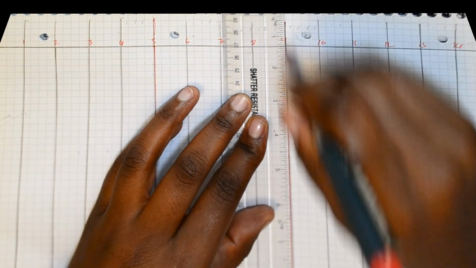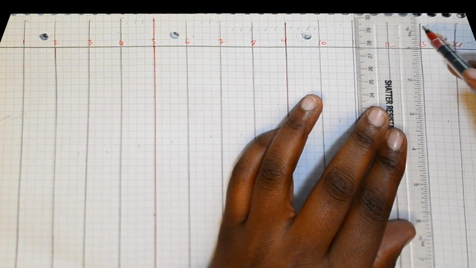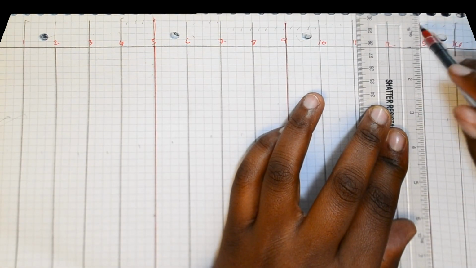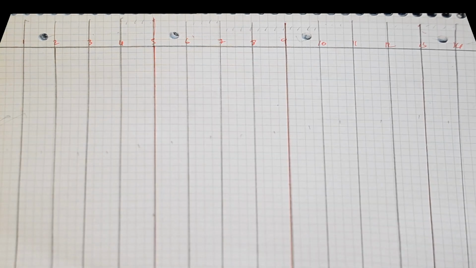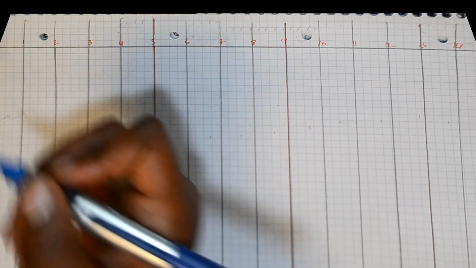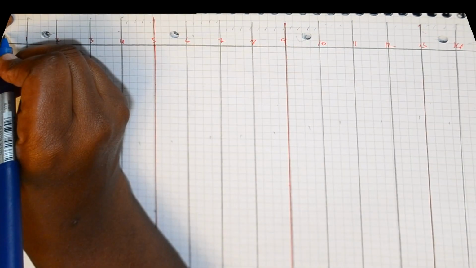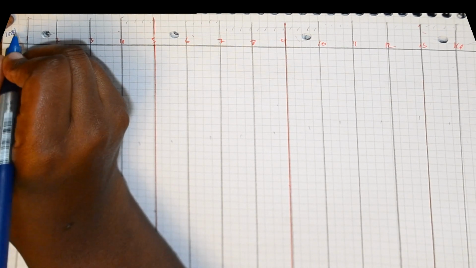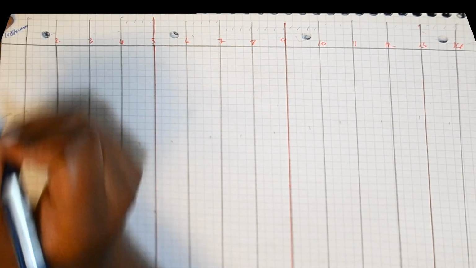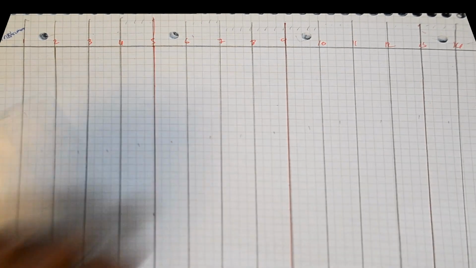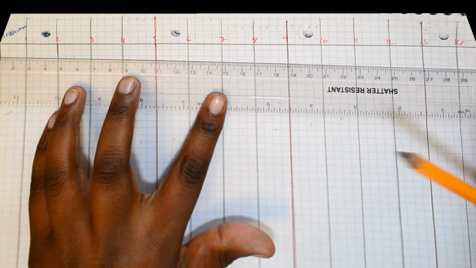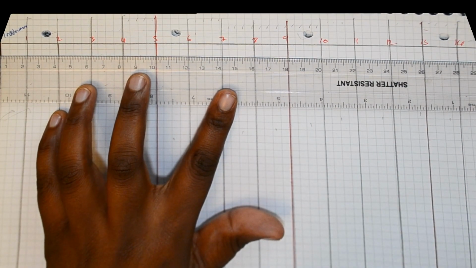You don't have to work in 4 bars like me. You can work in what you're comfortable in. Then I'm gonna take the blue pen and write a heading here, I say instruments, and then I'm going to divide the tracks. We've made the bars, now we make the tracks.